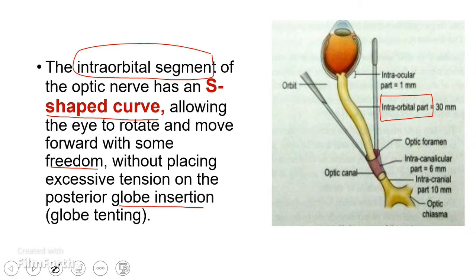What I mean to say is, if this optic nerve had a very straight and taut path, whenever you move your eyeball, the optic nerve would also get stretched, and that would cause some tenting or stretching on the eyeball. However, nature prevents this from happening by giving a sinuous course to the intraorbital part of the optic nerve.